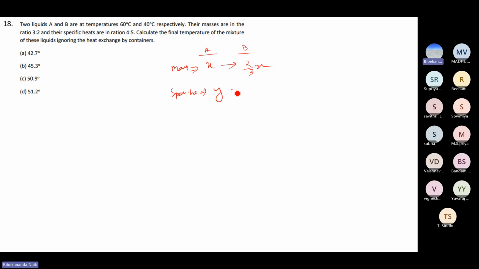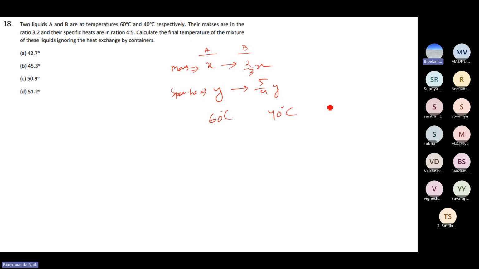If this is Y, then it will be 5/4 Y, isn't it? Because it is given the ratios are like this. Now, A was at a temperature of 60 degrees Celsius, B was at a temperature of 40 degrees Celsius.